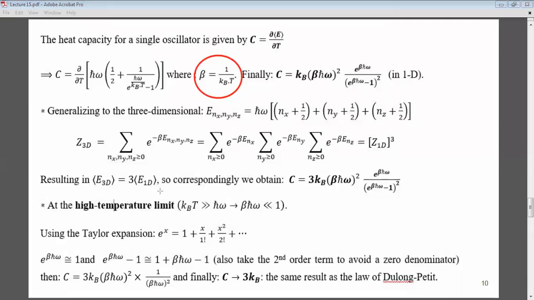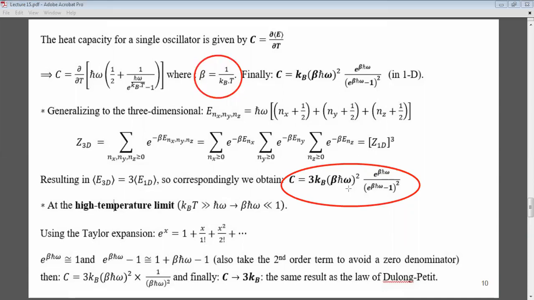So now, remember, we will be interested in looking at high temperature. To draw this, I need a computer. So I will use Mathematica or MATLAB or C++, and I will put in the value of KB. Beta is 1 over KBT. So KB is a constant, T will be my variable, h bar is constant, and omega is also constant.